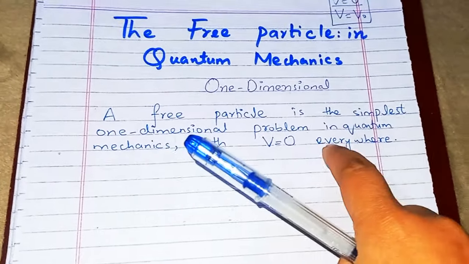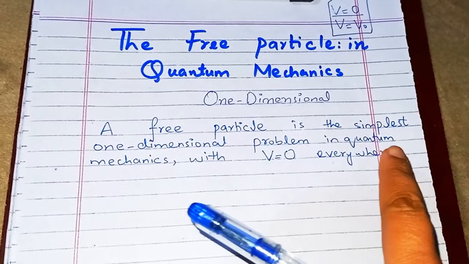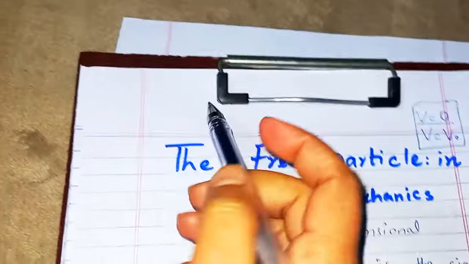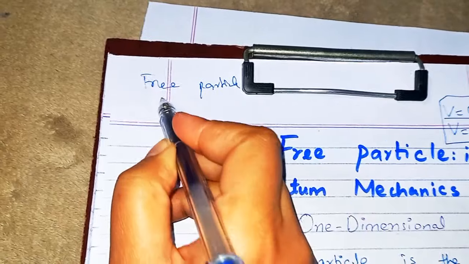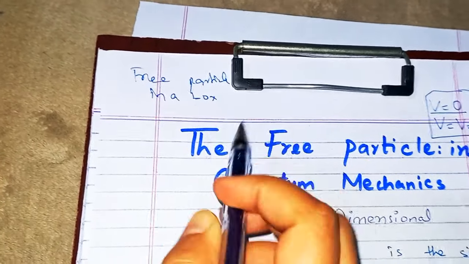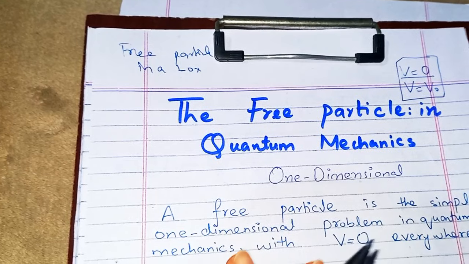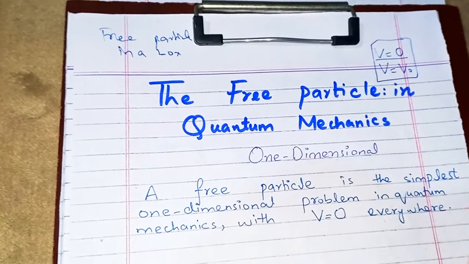Here we can see the word everywhere, and it was added here intentionally to show that there are cases where we see the free particle in a box. The free particle in a box means that the particle is free only inside the box, and it's not experiencing any force only inside the box, and it will experience forces outside of those boundaries.